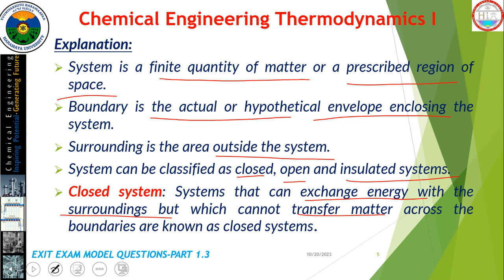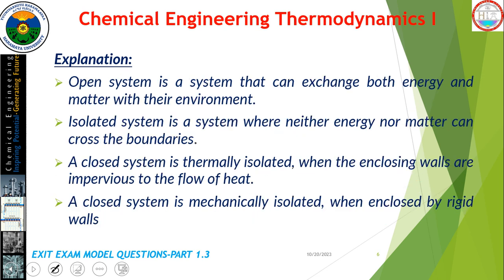So a system is said to be a closed system when there is an exchange of energy with the surrounding, but no transfer of matter, or mass, across the boundaries. The second one is the open system.